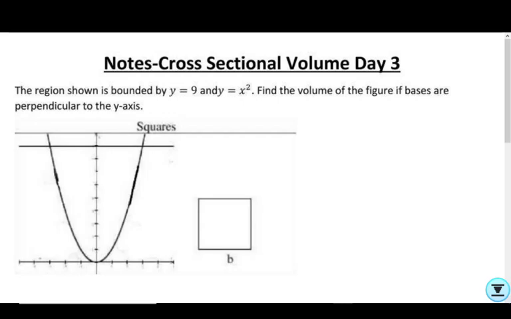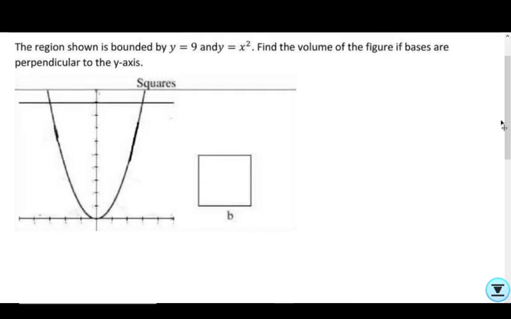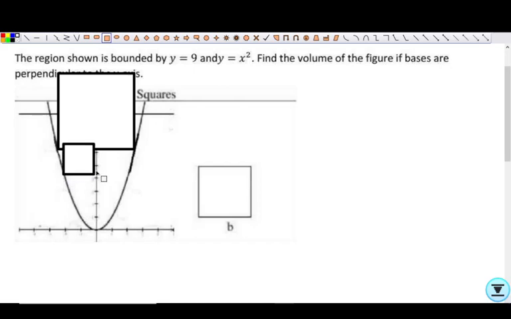And then we're going to create volume by taking squares and putting them in, very similar to this. Okay, so this one could be a square here, or we could use this one here, or this one here like this.